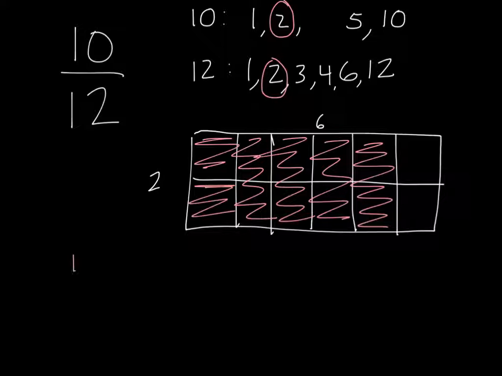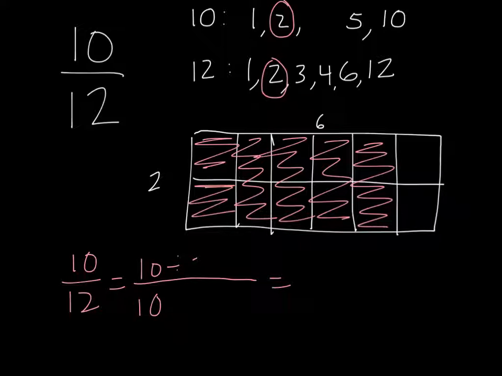Now I'm going to take this original fraction, 10/12, and I want to ask myself, what size groups can I divide this into in order to make bigger pieces, even though I won't have as many of them? And so when I look up at my factors, I notice that 2 is the factor that they have in common, so I am going to circle groups of 2.